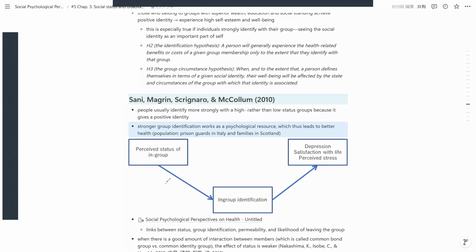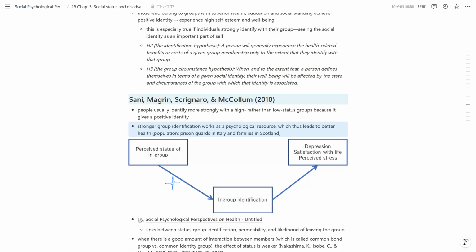First, there is a positive association between perceived status of the in-group and in-group identification. This is because people are motivated to perceive themselves as positively as possible, and belonging to a high status group gives them a positive identity. So if they perceive their group is in high standing, then their group identification increases.